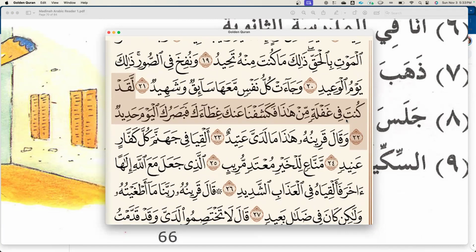You used to be in heedlessness from this, meaning this day. فكشفنا عنك غطاءك, and we have uncovered your cover from your eyes. فبصرك اليوم حديد. Now your eyesight is sharp. حديد or had, sharp. Now you can see clearly.